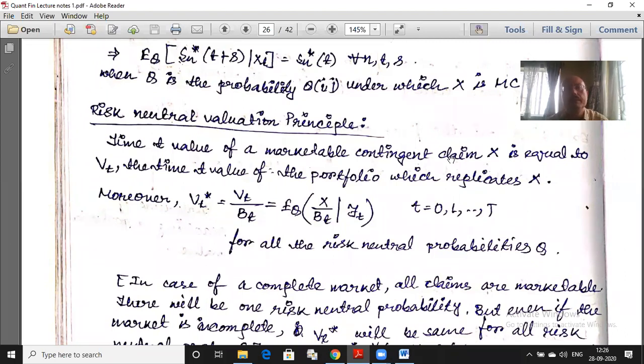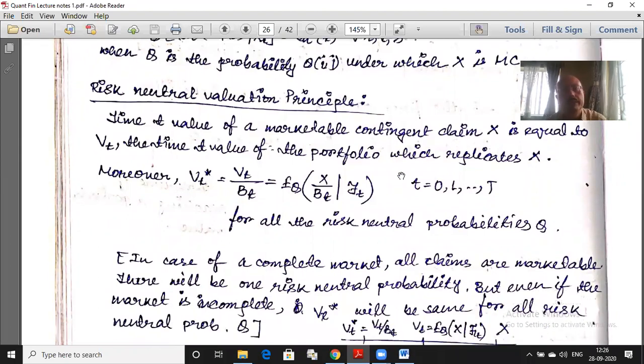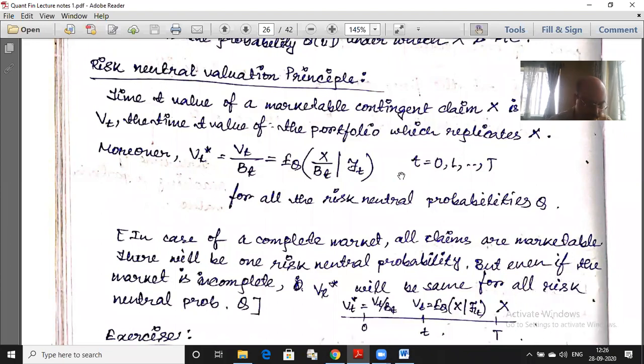So this is the risk neutral valuation principle restated for our multi-period model. Same principle, same consequence, but a formal statement is required because now this must be true for each time period t. Earlier there were only single time periods, so it was easy to state.